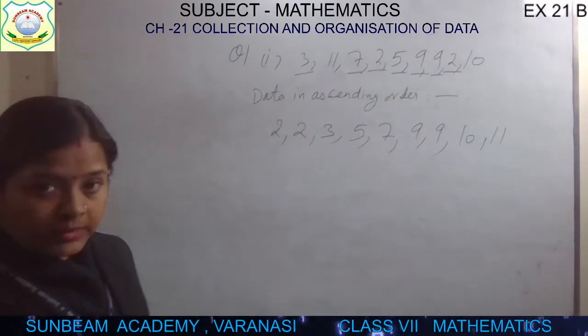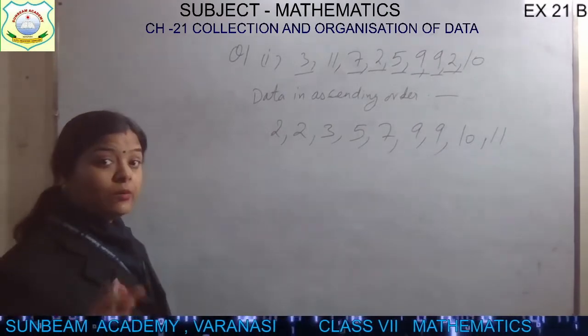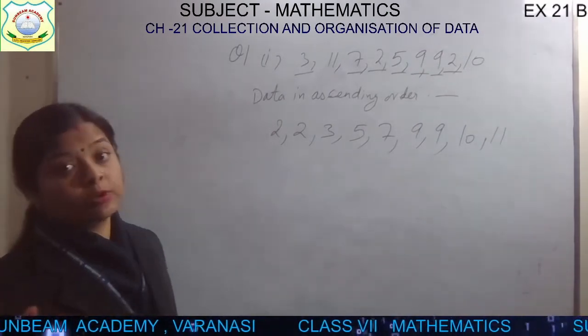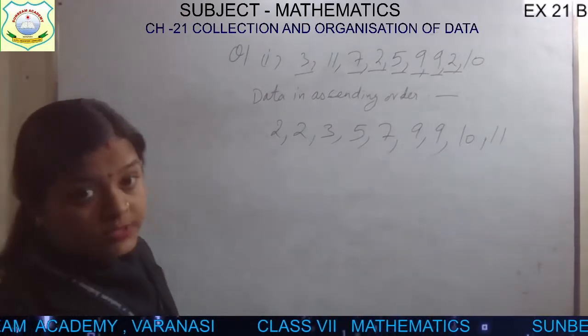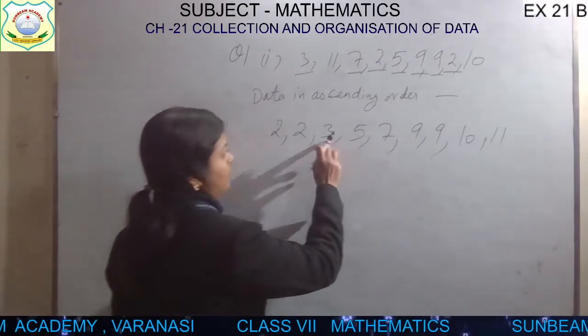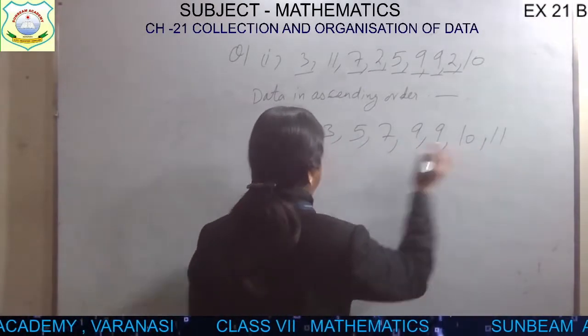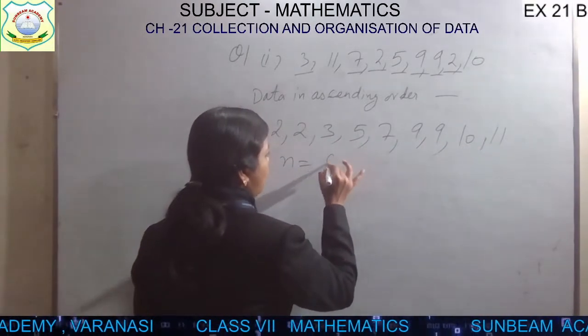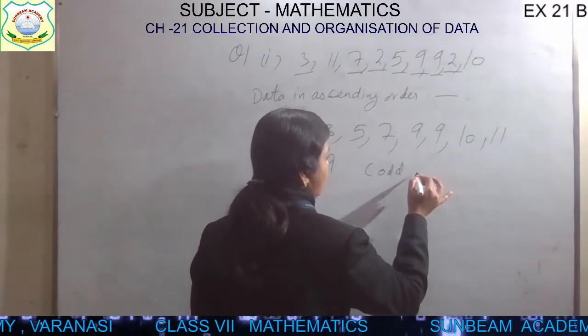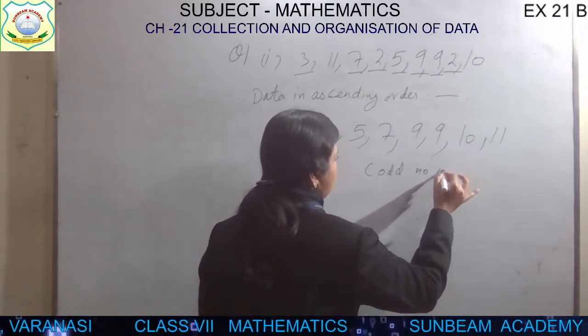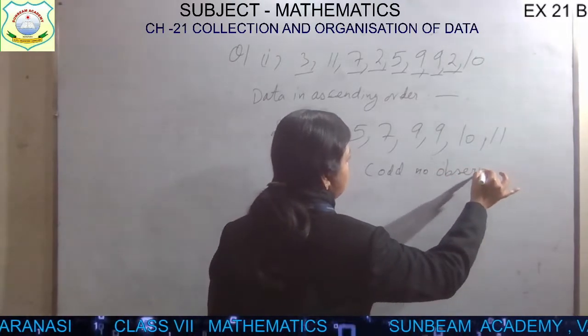Now let's start solving. Let's see what the number of observations is. कितने observations हैं, है ना? How many observations are there? 1, 2, 3, 4, 5, 6, 7, 8, 9. So n is 9. That is an odd number of observations. ऐसे आप लिख लीजिए, ठीक है?